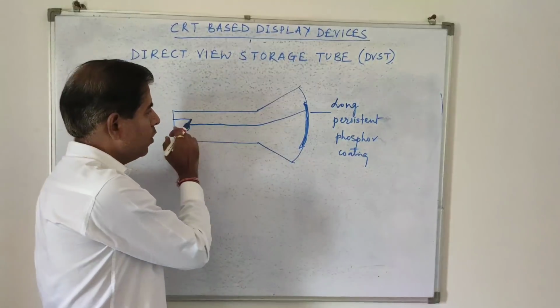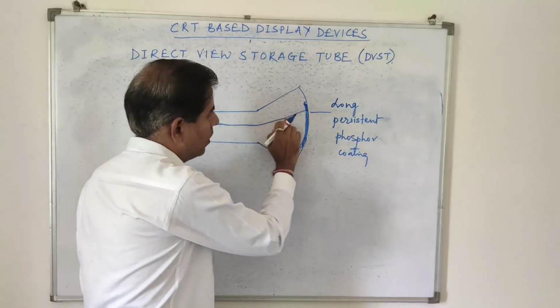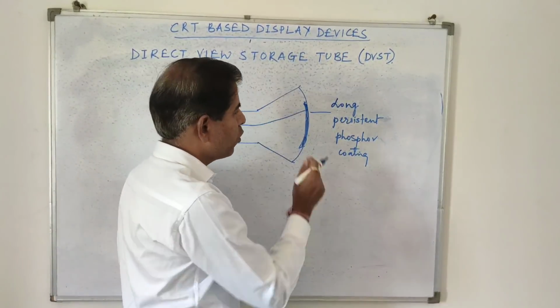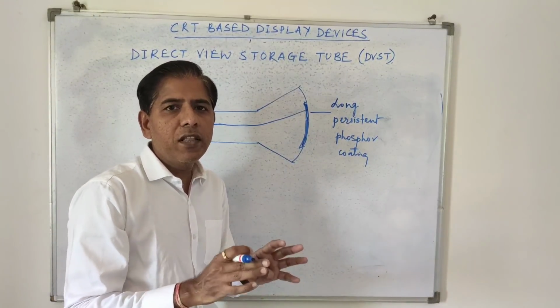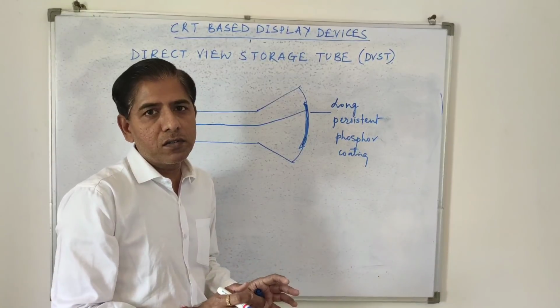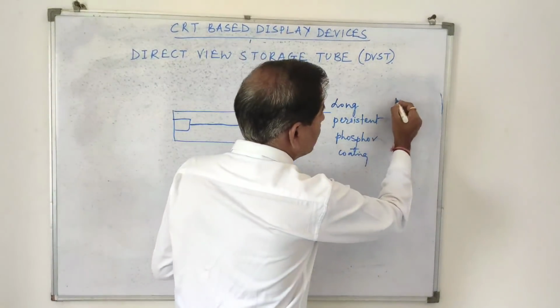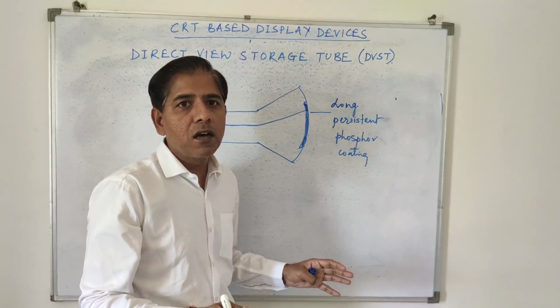Okay, so when this electron beam draws a certain entity on a screen, then that entity would remain there for 1 to 2 hours. Okay, you cannot erase it.